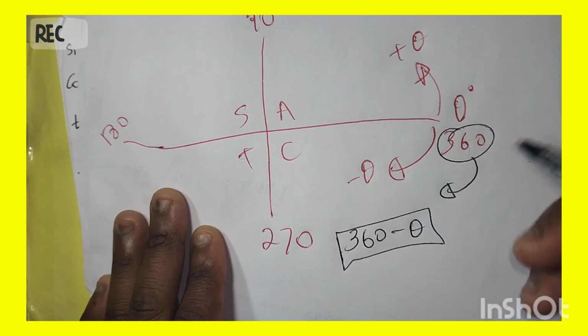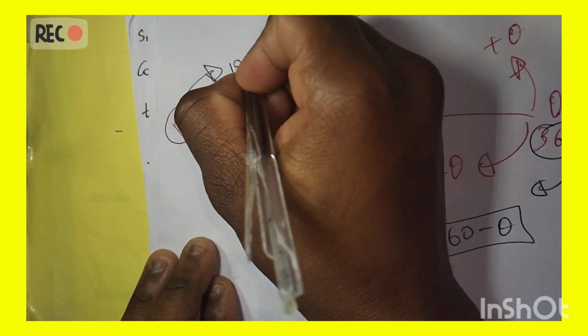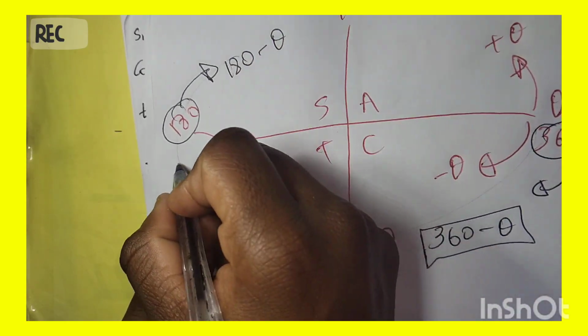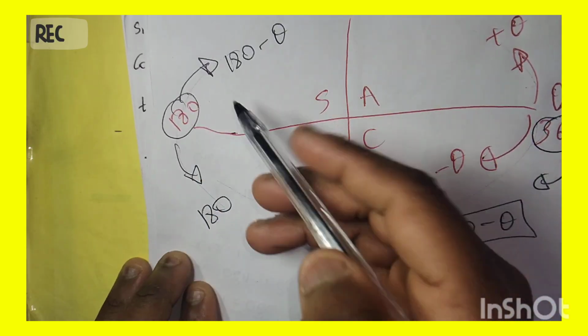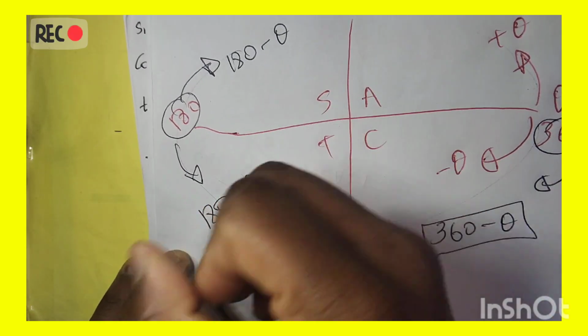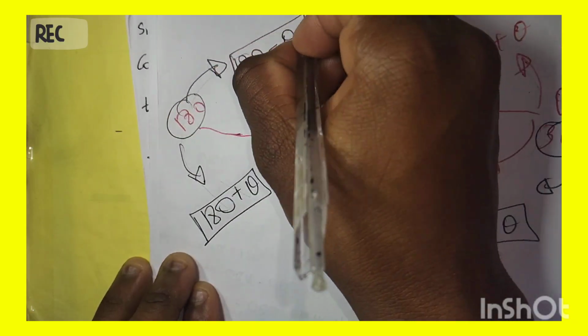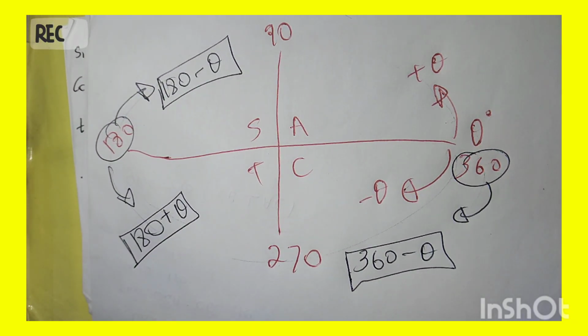If I move in this direction, that's 180, the direction I'm moving is still a negative direction. Then if I move here, that's 180, the direction I'm taking is a positive direction. These are the things we'll be focusing on, the only things you should know.